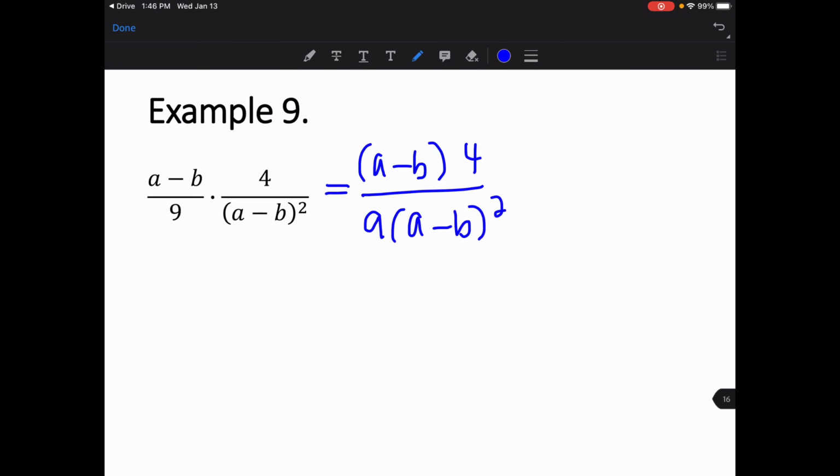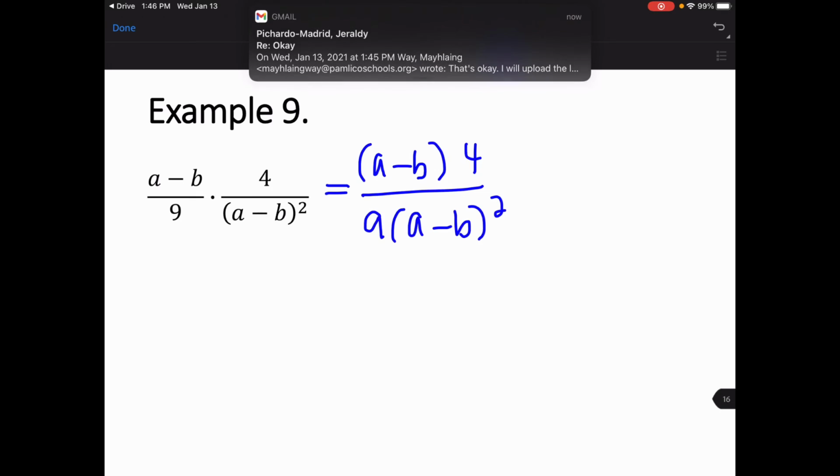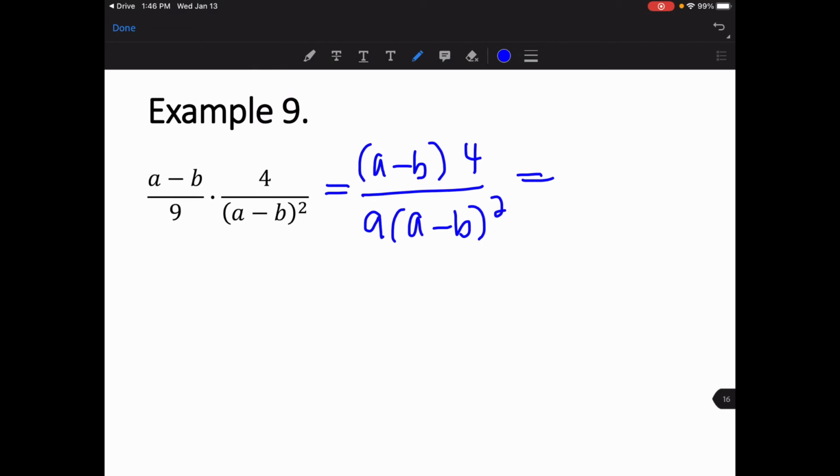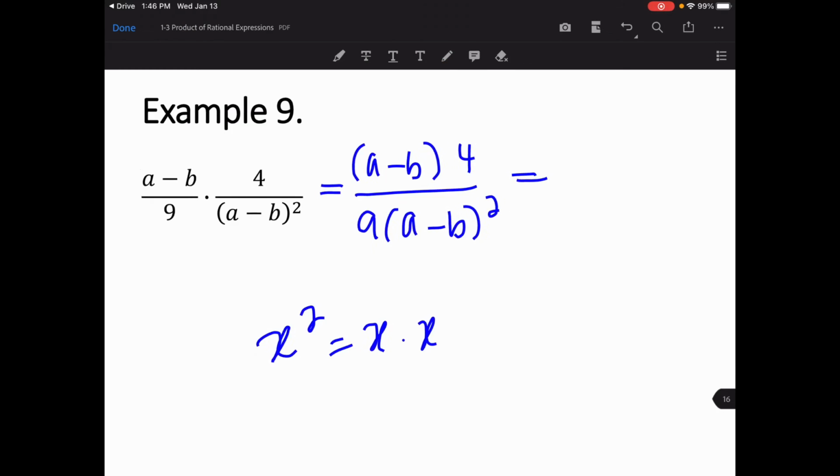Now, when I have this binomial in parentheses squared, I can rewrite this as a minus b times a minus b, meaning a minus b 2 times. Just like if you have x squared, which is equal to x times x.